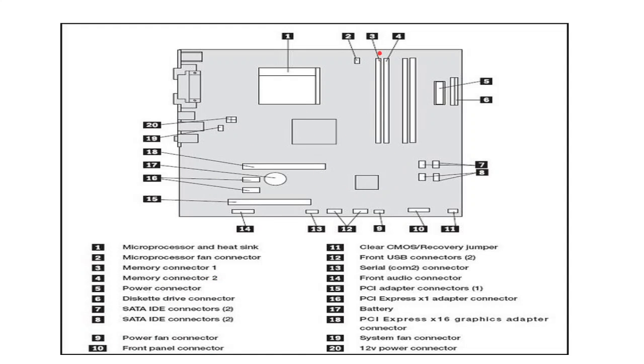And this is for the fan connector and memory connector. Then this is for the power supply. For the motherboard you need power, right? From the SMPS there are wires that attach to this point. So this is the block diagram, how it actually looks like.